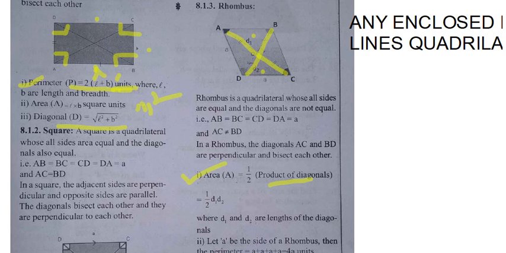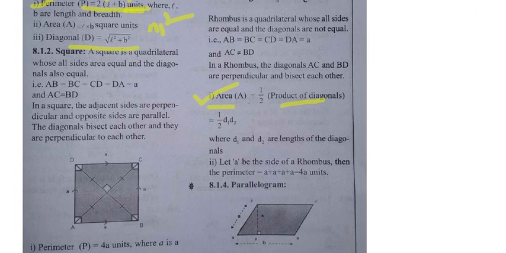If you want the area, we have to find D1 and D2. So the area is half into D1 into D2. This is an important formula for the rhombus.